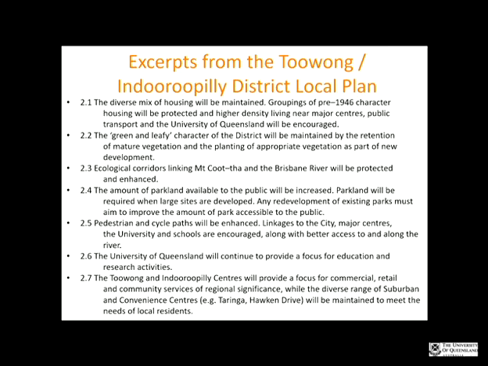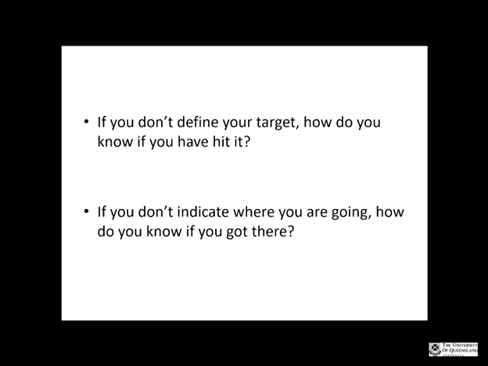Now, as planners and managers, you probably won't be able to control that, but you need to think strategically so that you understand the dynamics that you're working within. But in general, we need to come back to this, and this is sort of a mantra in organisational management. If you don't define a target, how do you know if you've hit it?